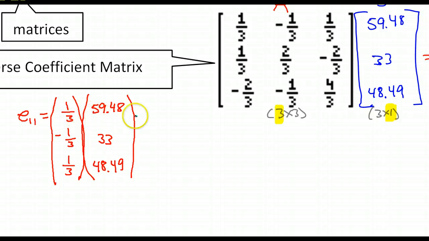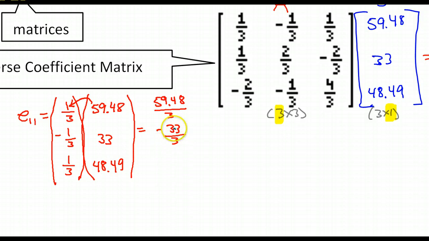Now if I set this up, remember as I multiply, I'm really just multiplying by the numerator. So this is going to be 59.48 over 3, and this is going to be negative 33 over 3.